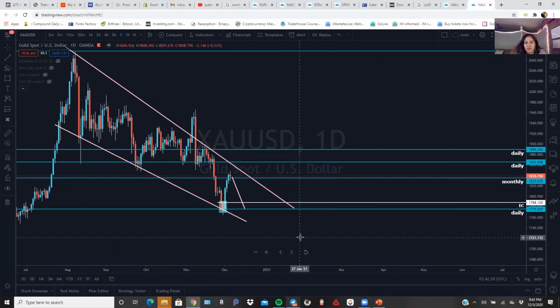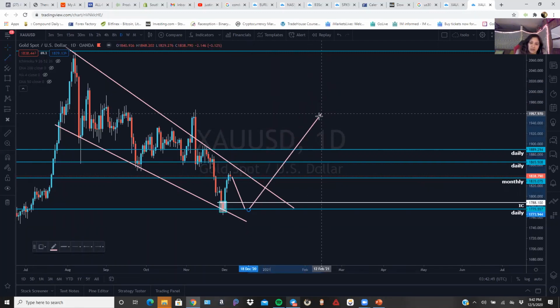That way I know the play can come anywhere between here, which also makes it a daily support, and close to the bottom of this channel, for better chances of it coming down and having an impulse up to the upside.